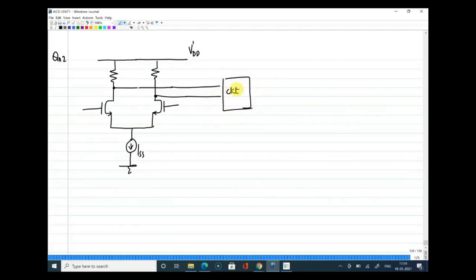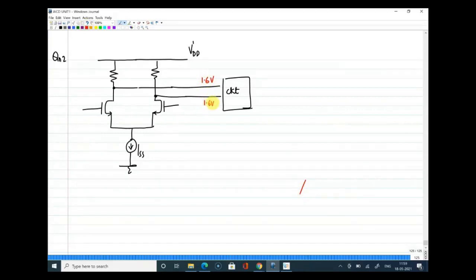But anyway, there should be a differential circuit, and if you want a single-ended line after that, you should convert differential into single-ended. But whatever it is, what we know is that the stage following the differential pair requires an input common mode level of at least 1.6. That means this should be 1.6 volt.